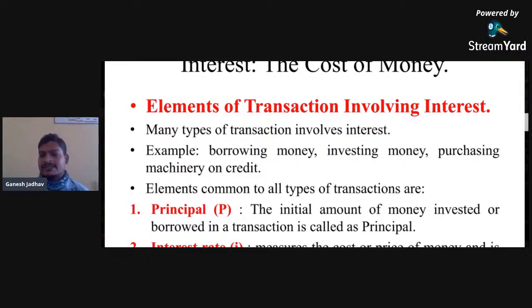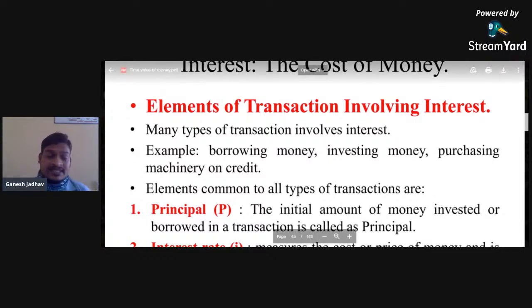Whenever you are getting a laptop on finance, like Bajaj Finance or ICICI Finance, that time these are also types of transactions. So for borrowing of money, investing of money, and purchasing machinery on credit, these are the elements common to all types of transactions.